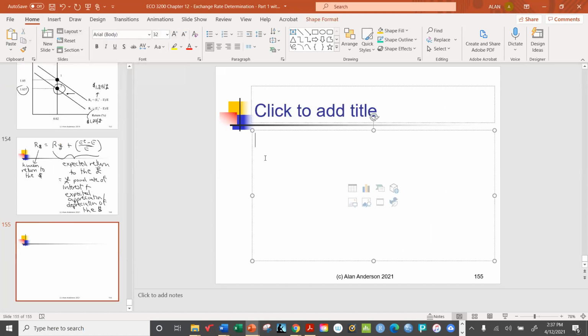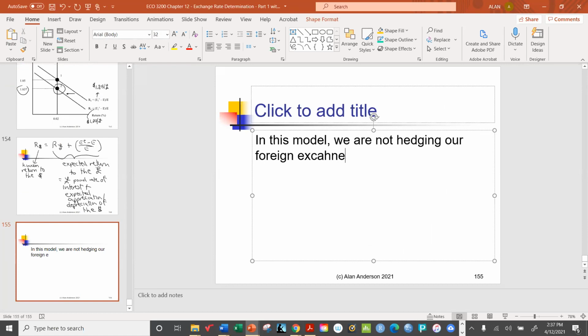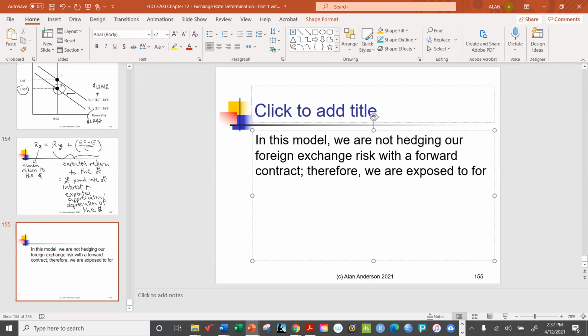In these examples, or in this model, we are not hedging our foreign exchange risk with the forward contract. Therefore, we are exposed to foreign exchange risk.